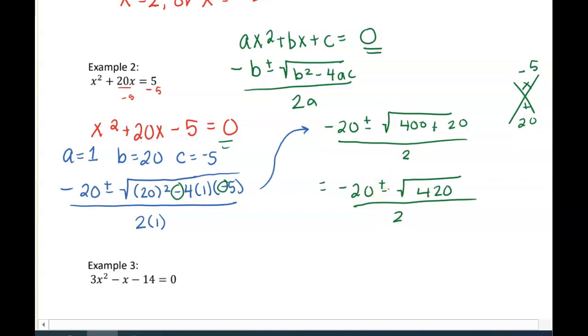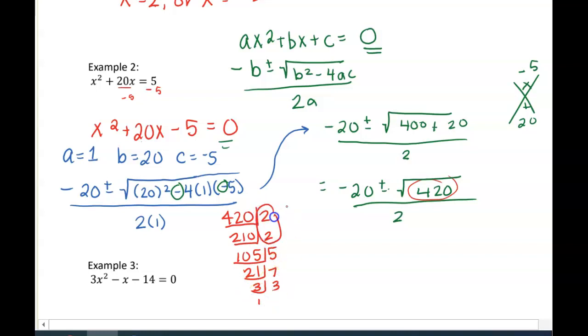And once again, this plus or minus comes from the plus or minus up top too. Okay. Well, let's see if we can simplify 420. Okay, so 420. We know 2 goes into it 210 times. 2 goes into that, 105. 5 goes into that, what, 21 times? 7, 3, 3, 1.